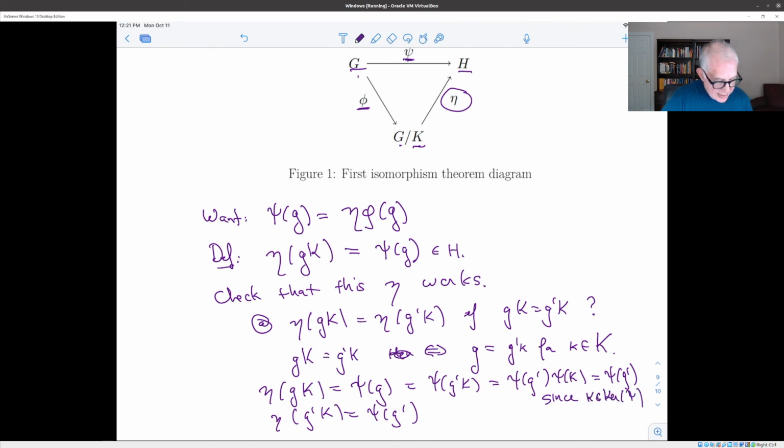And the kernel of psi means that psi of k is the identity. So this function eta at least is well defined.